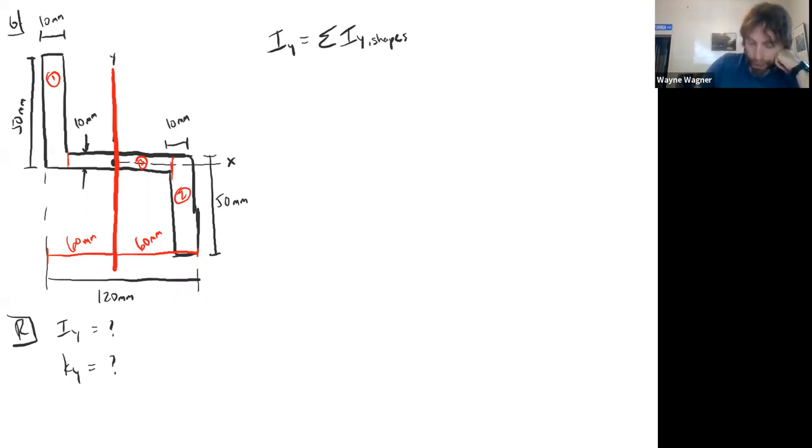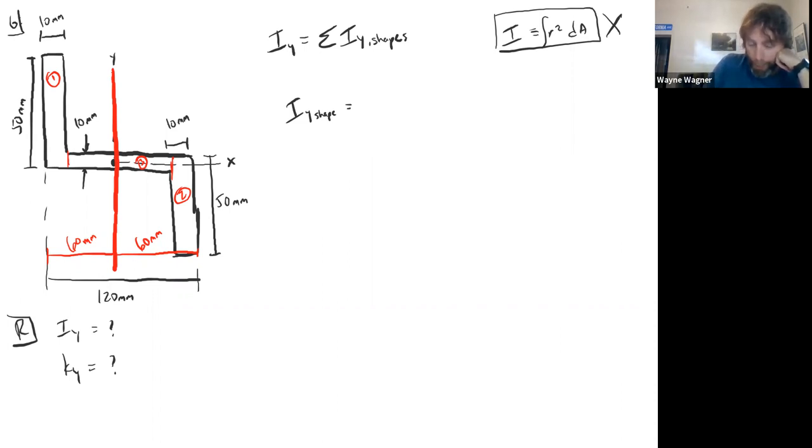And remember, the Iy of anything, or the I, is defined as the integral of r squared dA. But we're not going to do that this time. What we need to do is figure out Iy for a shape. For any shape, we're just going to look up the formula in the back of the book.